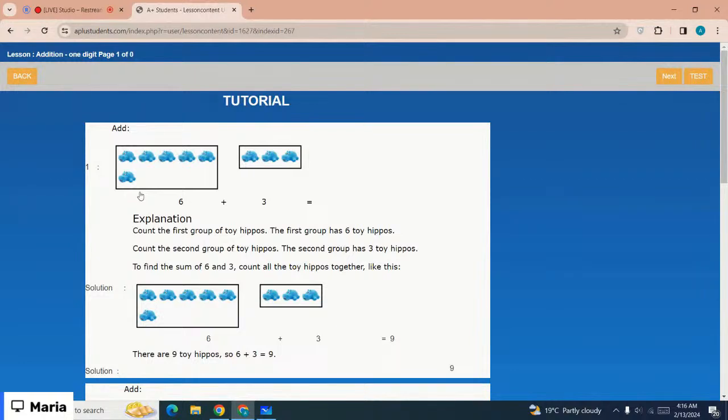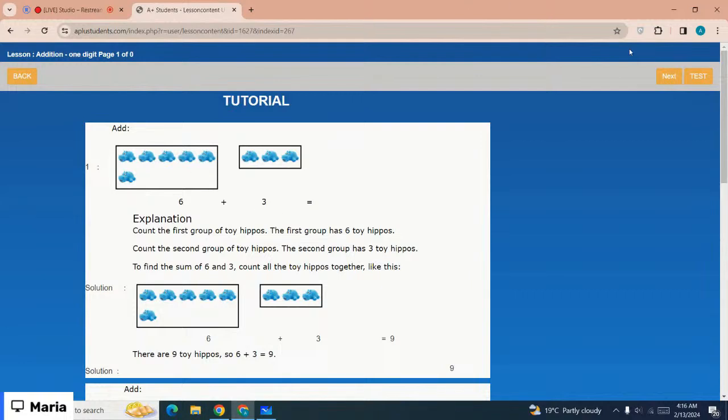There are many ways you can count. The first one is you can start with the greater digit and count until the smaller, right? Start with 6 and count forward 3: 6, 7, 8, and 9. That means 6 plus 3 is 9. You can make lines. You can use any method that is easy for you.